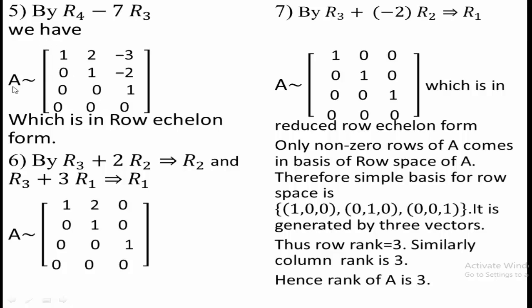A is equivalent to this matrix, which is in row echelon form, because the zero row is placed at the bottom of the matrix. Below the first leading entry the column contains all zeros. This is again a leading entry with all zeros below. So this is in row echelon form.